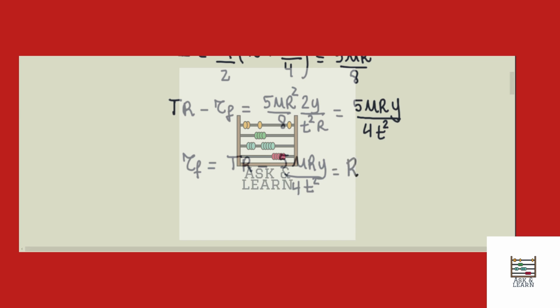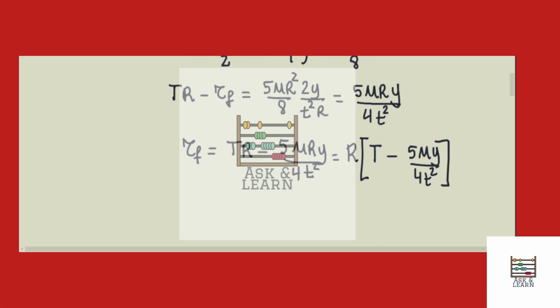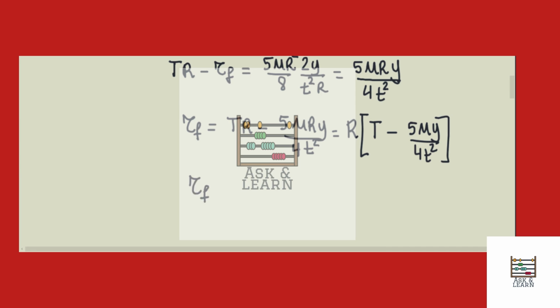So if we just isolate r here, we have r times T minus 5m y over 4 t squared, and T is equal to m times g minus 2y over t squared minus 5my over 4t squared.